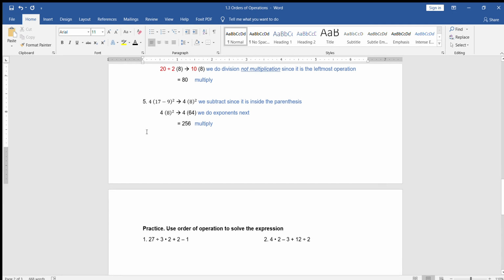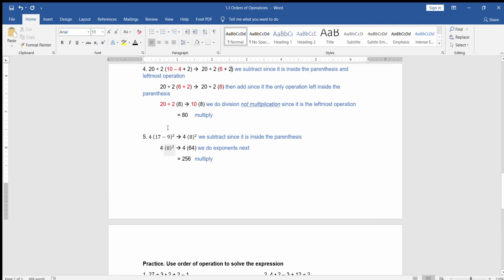Number 5. This one has exponents, but hopefully you're pretty good with exponents. Now let's try it together. So we have 4 times 17 minus 9 squared, or some people might read this as 4 times 17 minus 9 to the second power. So what do we do?